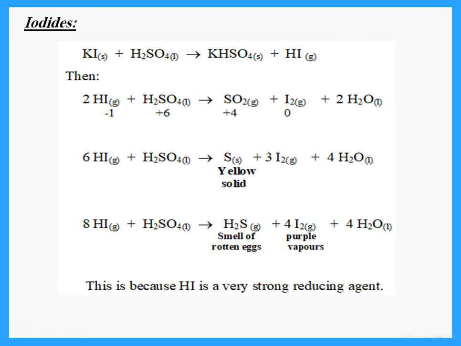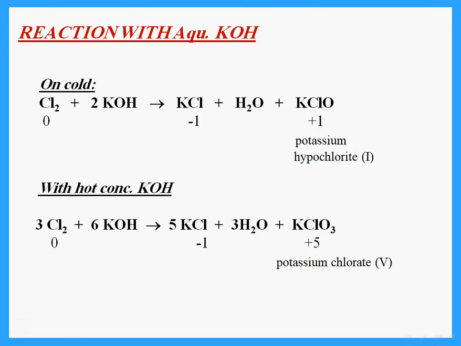And you should realize that you could get a yellow solid. The yellow solid will be due to the formation of the sulfur, and a smell of rotten eggs due to the formation of the hydrogen sulfide. Do we understand that? So the HI reacts several times with the sulfuric acid to give a lot of products because it is a very strong reducing agent.